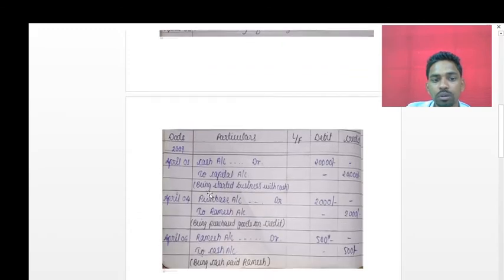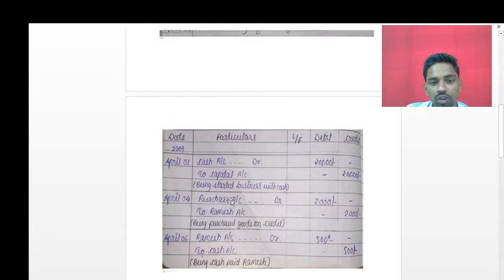So in this transaction, two accounts are affecting: the purchase account and the Ramesh account. On April 4th, in the date column, write the purchase account and the Ramesh account.